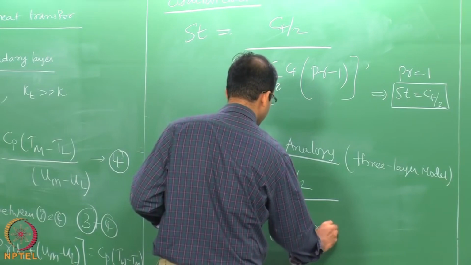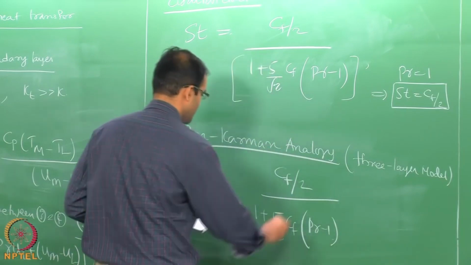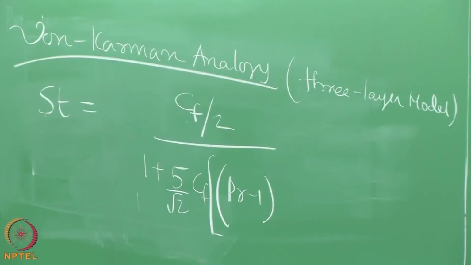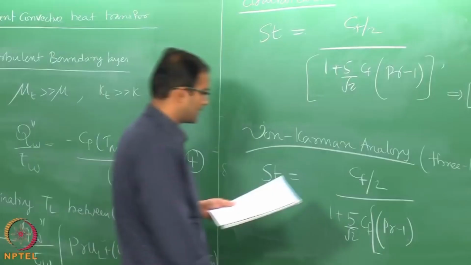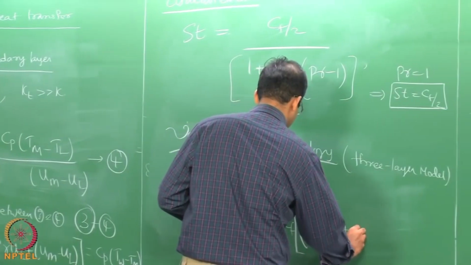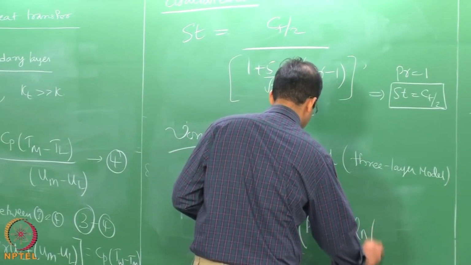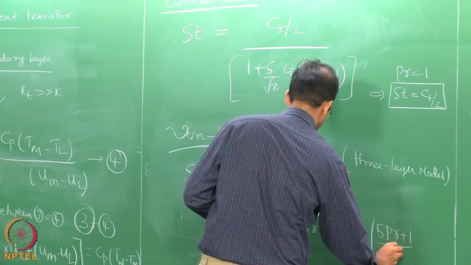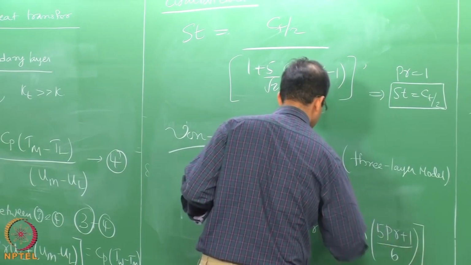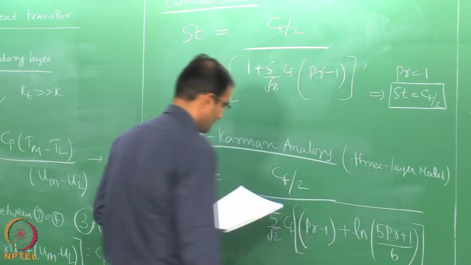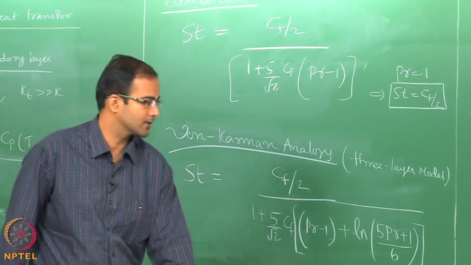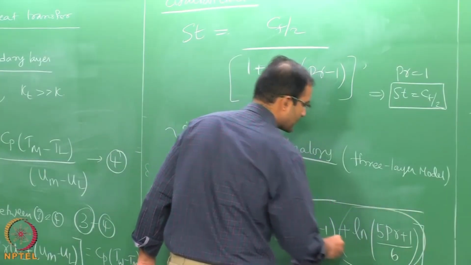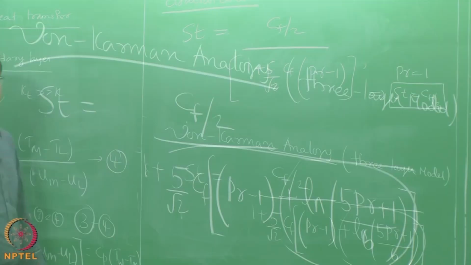You have the same term as before, which is the same as the Prandtl-Taylor analogy. Now, the additional term comes because of the buffer layer. So, this additional term is coming in due to the buffer layer.